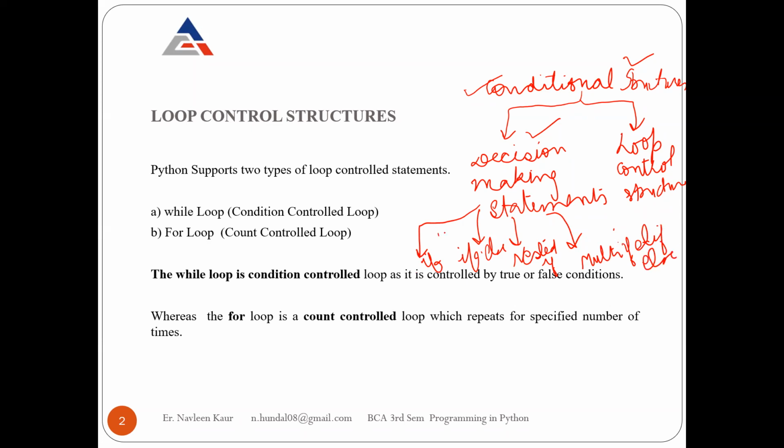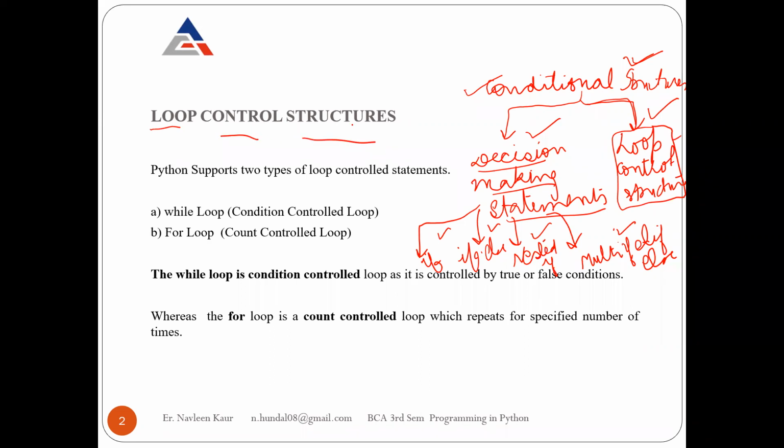These 4 are under decision making statements. Now the second type of conditional structure is loop control structures, and today my focus will be on it. I will tell you what loop control structures are, what the types are, and how we can use them. So let's start.